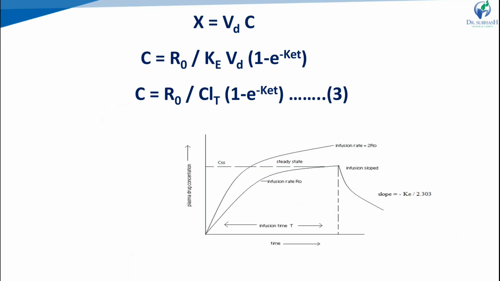K into Vd we can replace, it is also called the clearance. So we can also write C is equal to R0 upon clearance, 1 minus e raised to minus Ket.